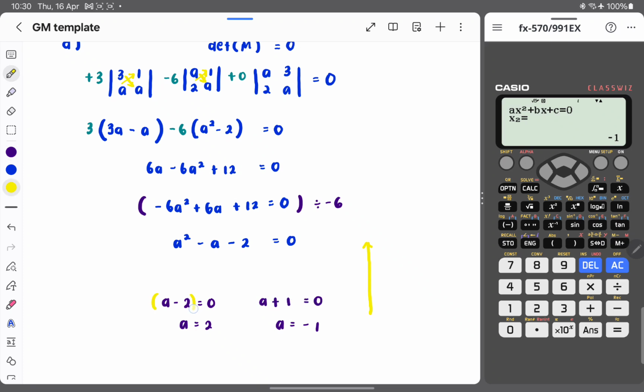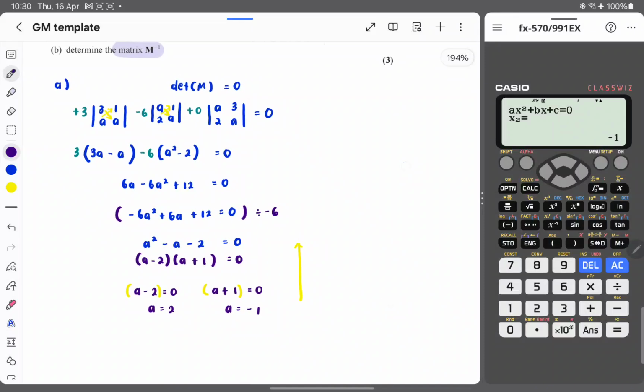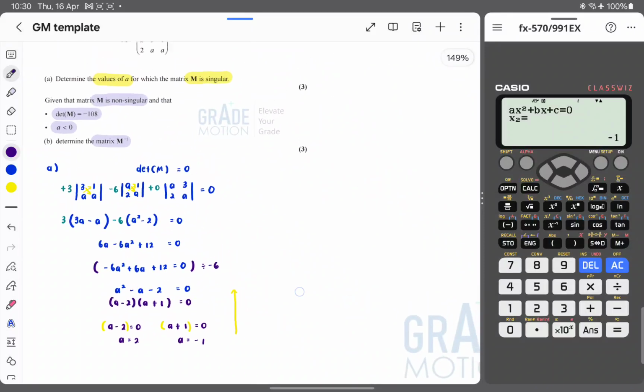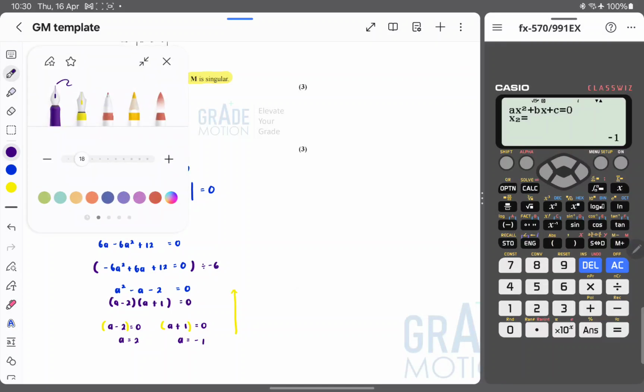These two are our factors. So that would be A minus 2, our first factor, and A plus 1, our second factor, equal to 0. By showing our working, we can ensure that we get all of the necessary marks. We're done with part A. Moving on to part B.